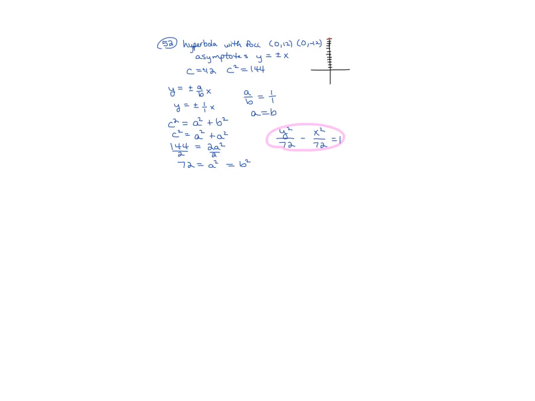If it's an ellipse, they may ask you to find the co-vertices. Or they may even ask you to match the graph with the equation given. Or you might be given pieces, like a vertex and a focus, and they'll ask you to find the equation. So just be very comfortable with all the different ways to work with these.